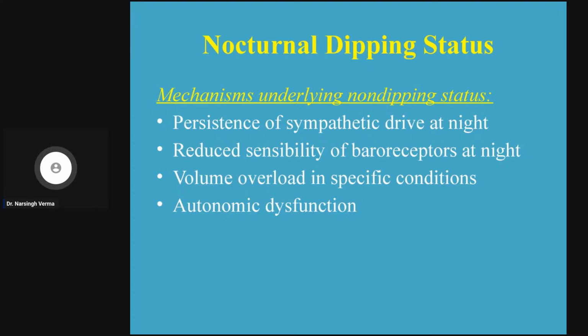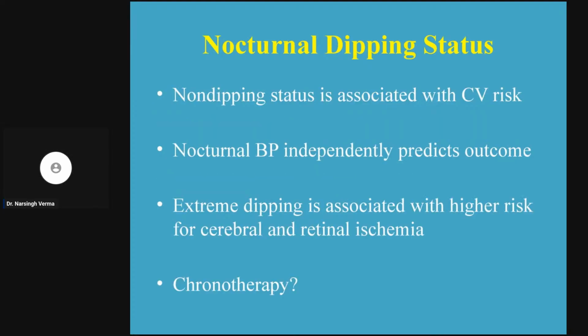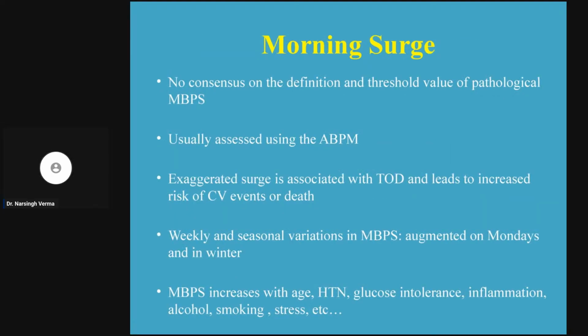Volume overload in specific conditions like heart failure can also be one reason, and autonomic dysfunction, which is more common in diabetic individuals. Nocturnal dipping status is good, and the non-dipping status is associated with CV risk, and nocturnal BP independently predicts the outcome. So nocturnal hypertension becomes more important in relation to daytime BP, and that is why we want to know all this variability.